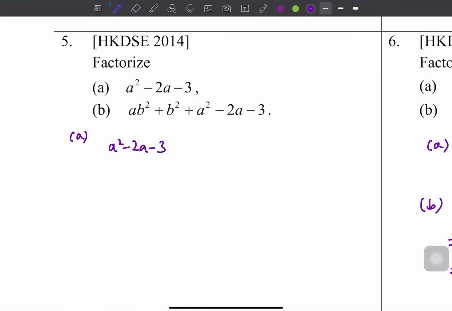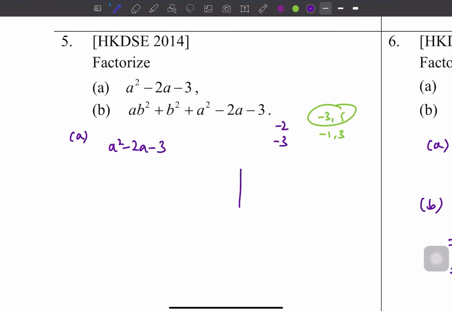Negative 3 times 1 is equal to negative 3, and the middle term is negative 2. You need to consider a pair of numbers that multiply together to negative 3 and add together to negative 2. Multiplying to negative 3, two choices: negative 3 and 1, and negative 1 and 3. Adding to negative 2, so it must be this one.